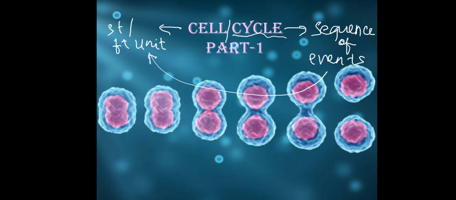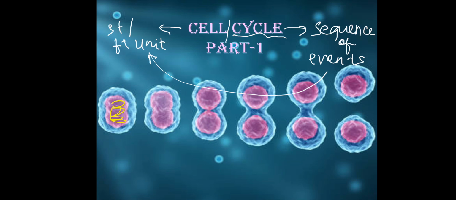So what happens in this sequence of events? The cell duplicates or divides to form two daughter cells. What about its genome?